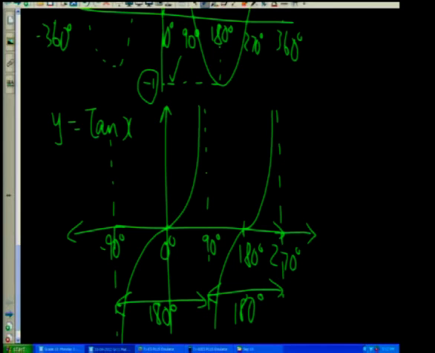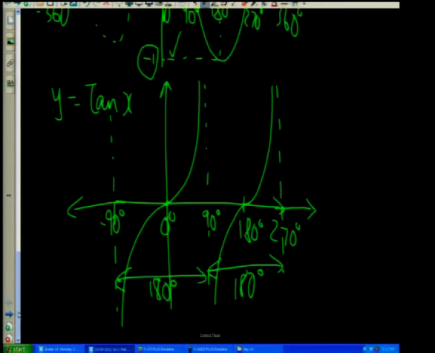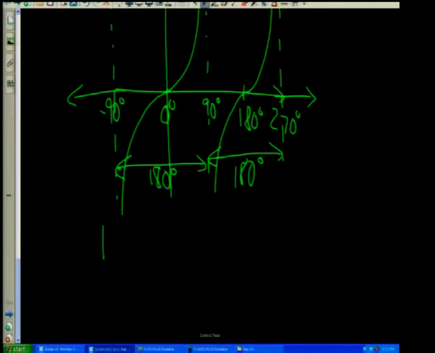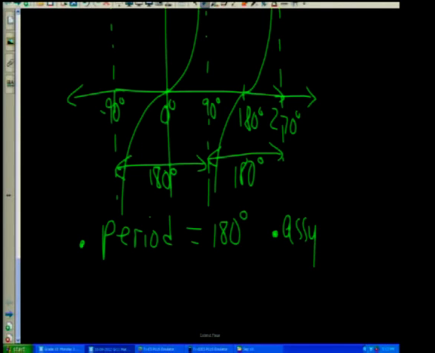So the period for a tan function is therefore going to be 180 degrees. So it repeats itself every 180 degrees. All right. So remember I talked about asymptotes. I just want to pick on all the features there. So it's the period. It also has, in addition, asymptotes.